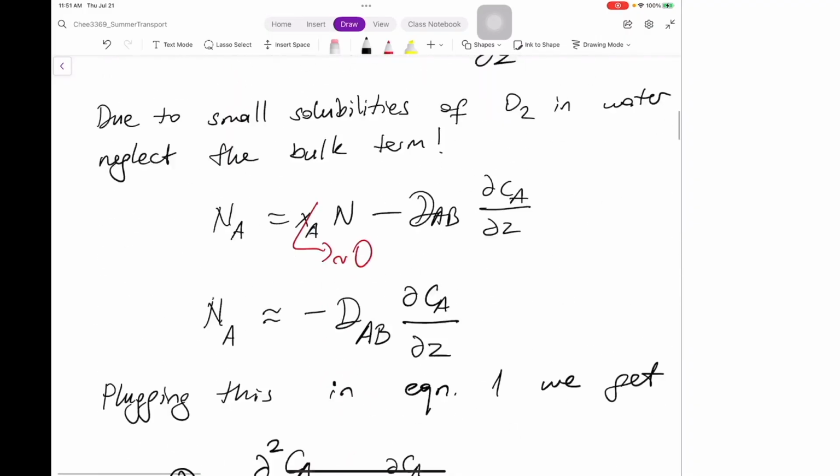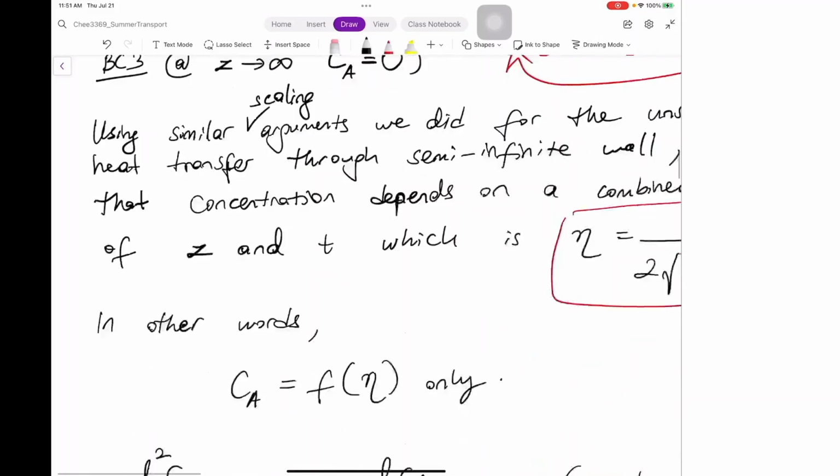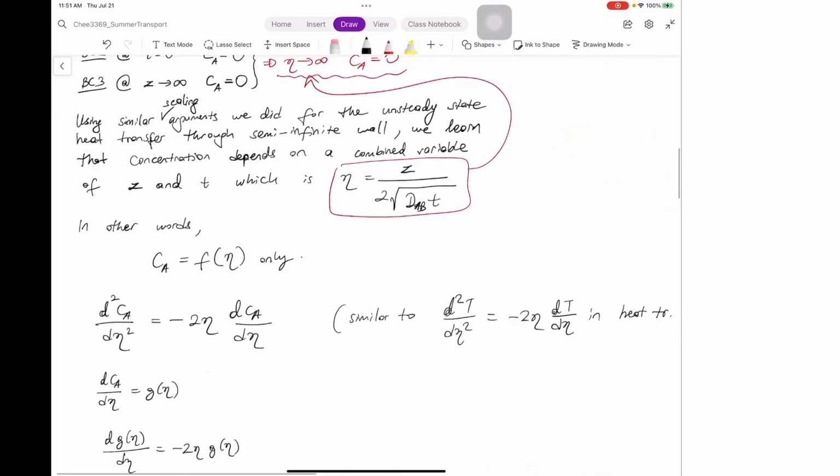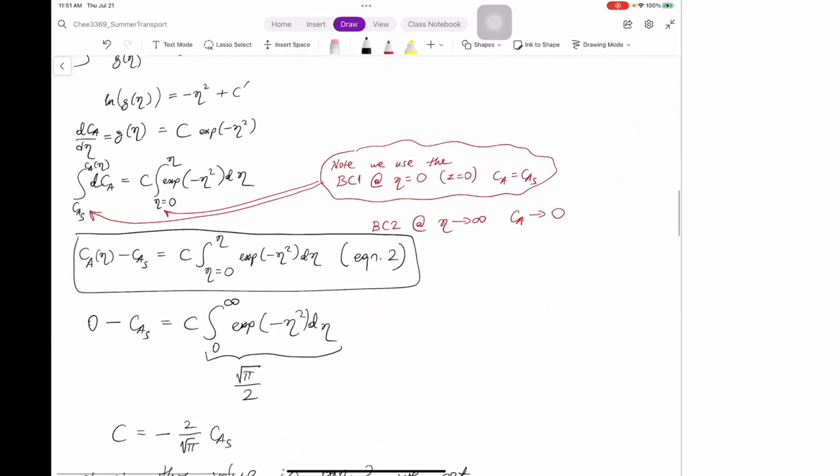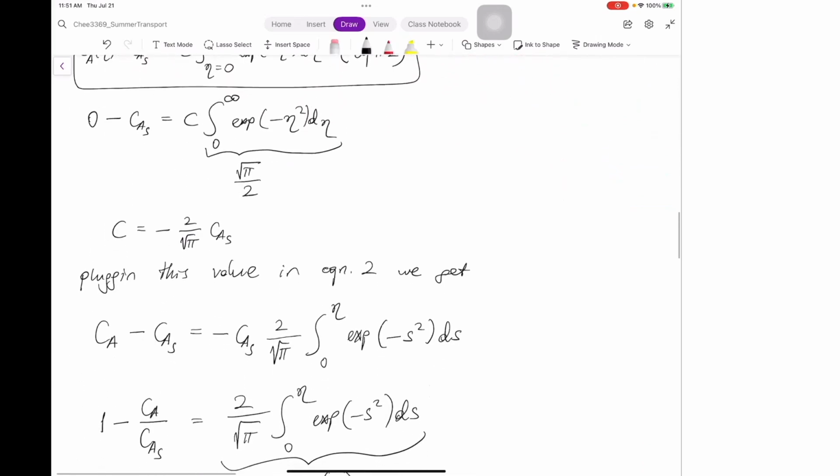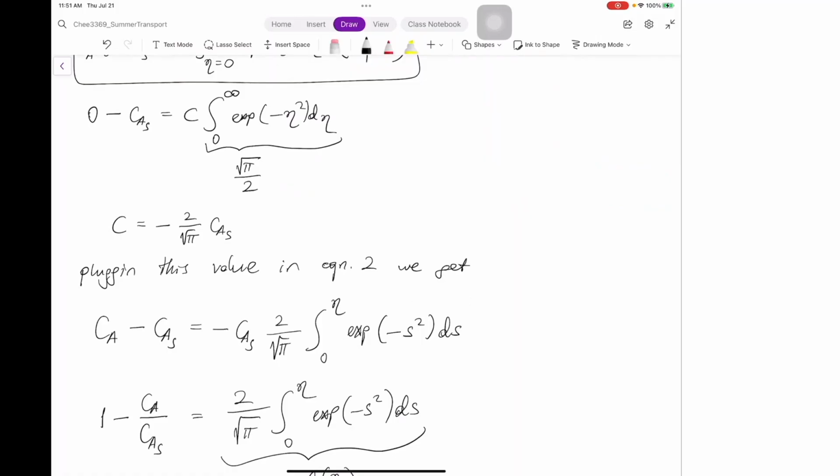The concentration at the depth of 2 centimeters is almost 6 times smaller than the surface concentration, so it's changing very sharply.